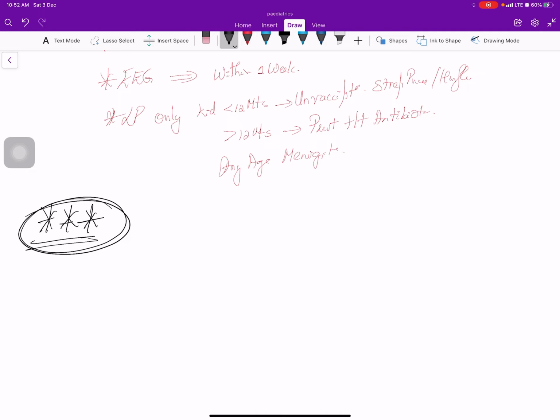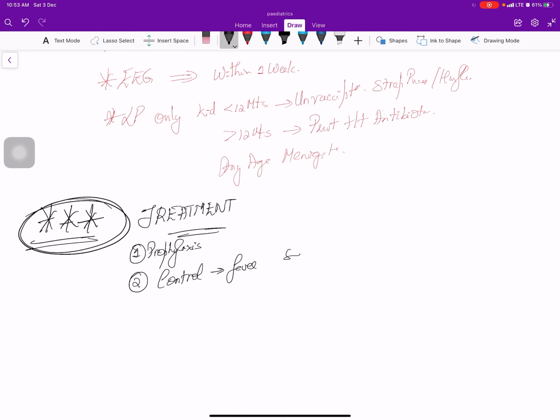If I've told anything before that, forget it. We're going to have treatment. So the treatment is going to be two things, actually three things. One, we're going to have prophylaxis. Apart from prophylaxis, we're going to have control of fever and then control of seizures.